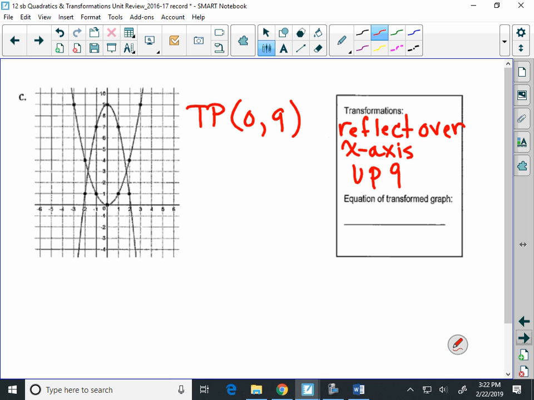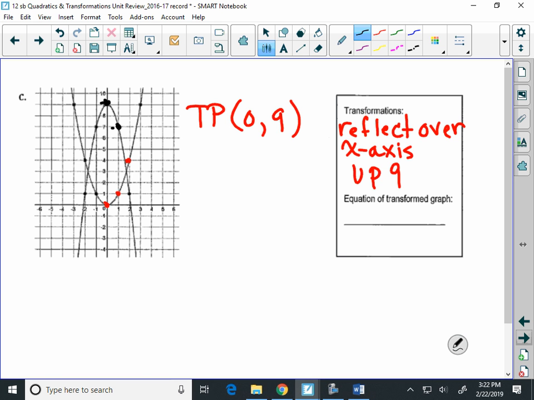And again, note the parent function is supposed to be at 0, 0 there. Then we went 1 space to the right and 1 up. We went 2 spaces to the right and 4 up. But in our picture now, here's our vertex. We went 1 space to the right and 2 down instead of 1 down.